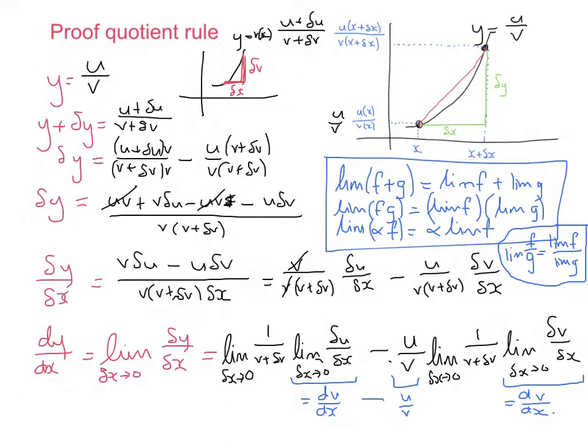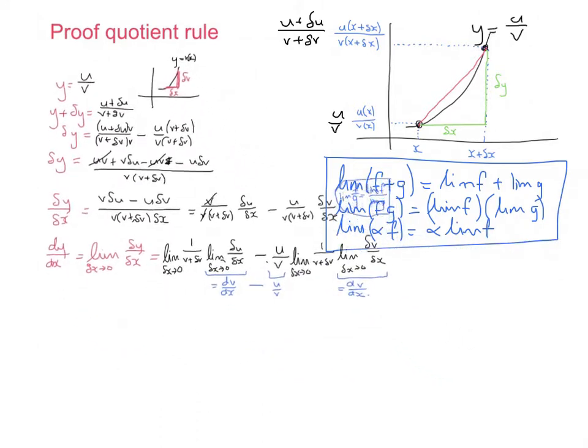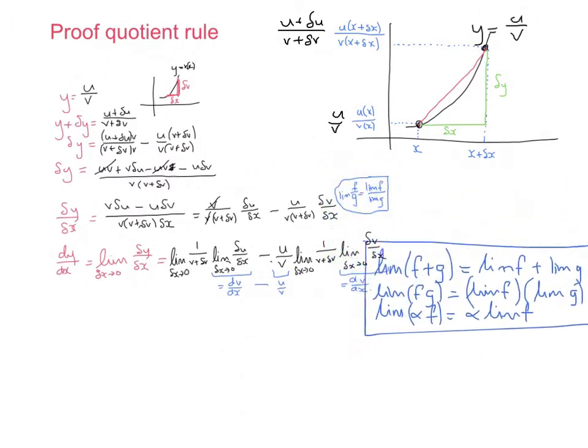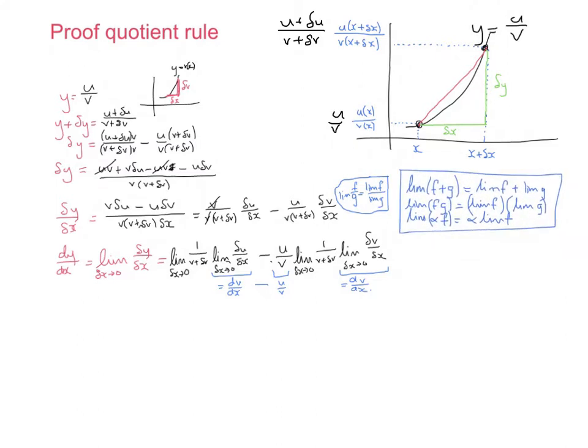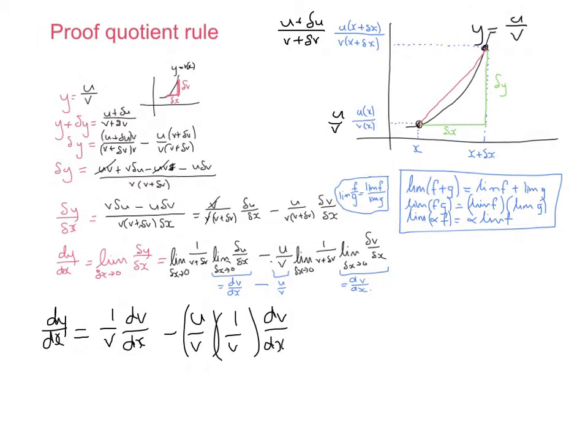Okay, nearly done. Let's make some room. Okay, that's my limit things. Right, where have we got to? dy by dx is equal to the limit as delta x tends to 0 of delta y over delta x, which is 1 over v times dv by dx, minus u over v times 1 over v times dv by dx.